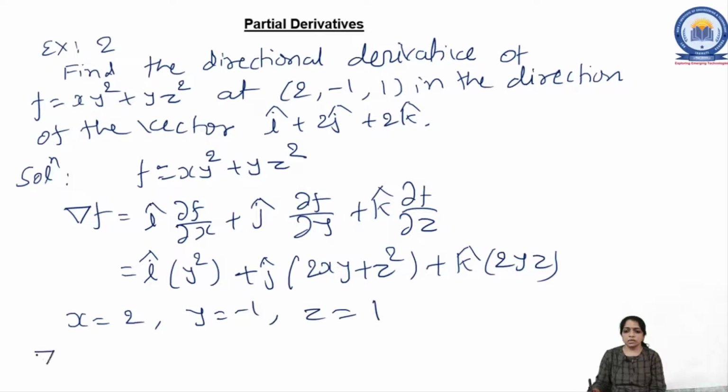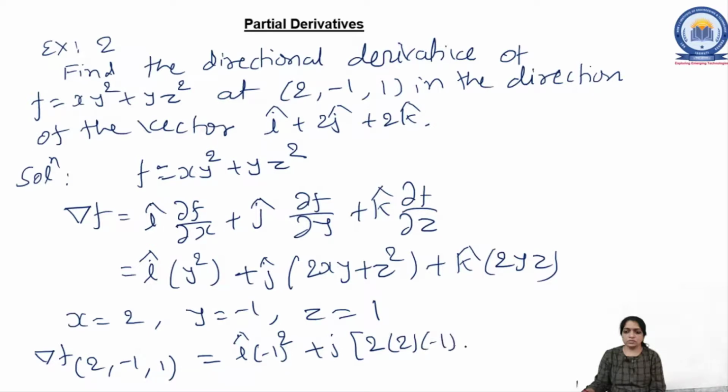So the gradient of f at the point (2, -1, 1): here y is 1, so i times (-1) squared, plus j times 2, where x is replaced by 2, y by -1, z by 1, plus k times, here this is 2, y is -1 and z is 1.